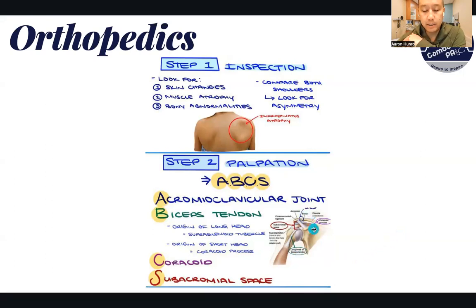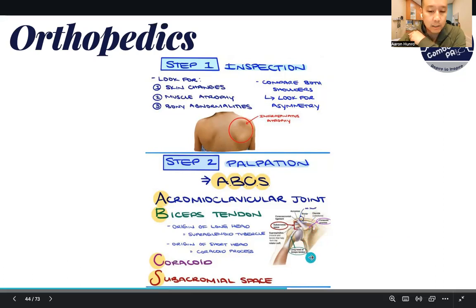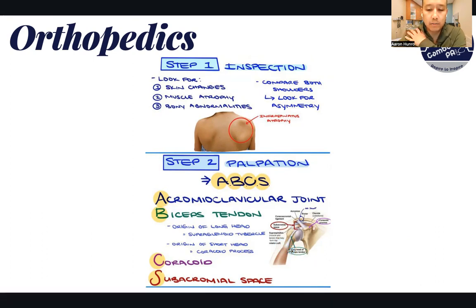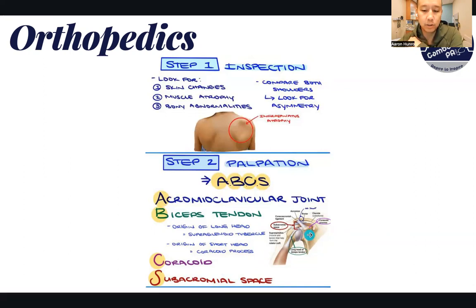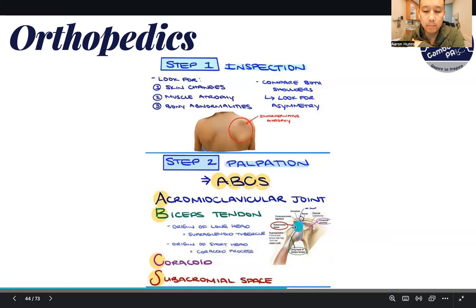That would be an indicator of a proximal bicep tendon rupture, or sometimes we'll have a distal bicep tendon rupture in which the biceps gets retracted either proximally or distally. And then the coracoid process, we'll palpate that as well, make sure there's no tenderness in that region, and the subacromial space. That's typically where the bursas are as well.